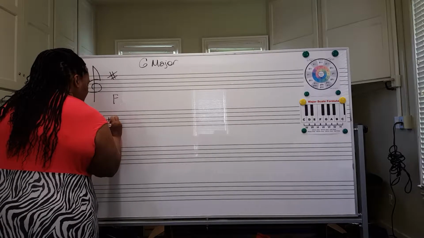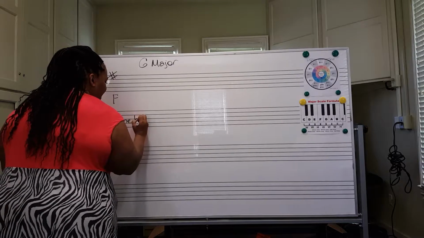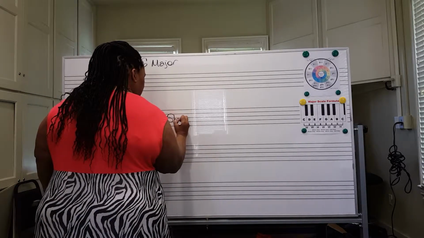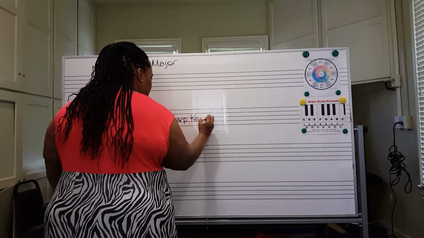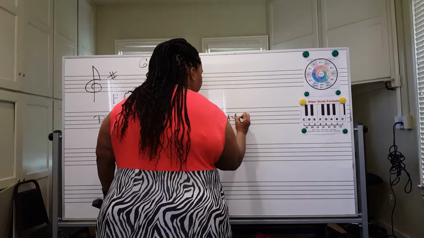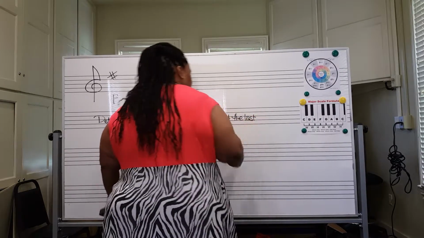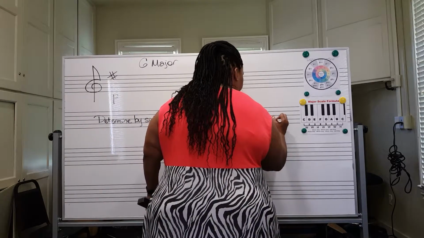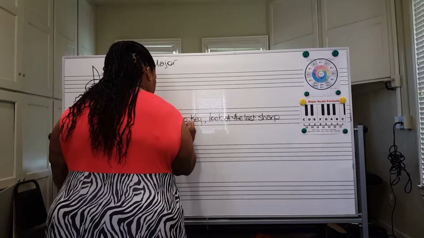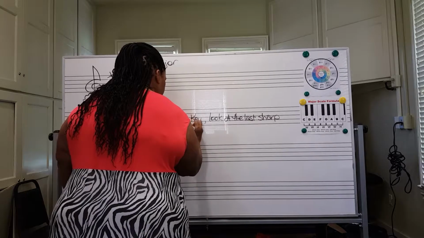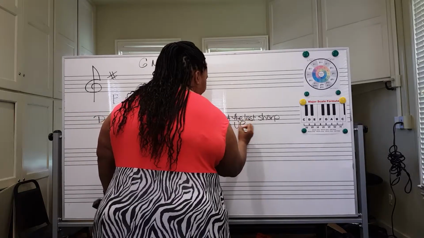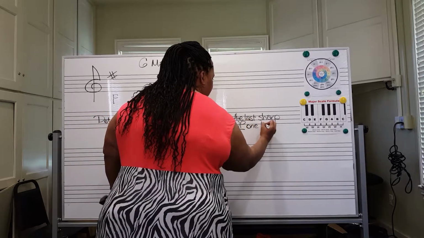So to determine by sight the sharp key, look at the last sharp placed right here, and go up 1 letter.